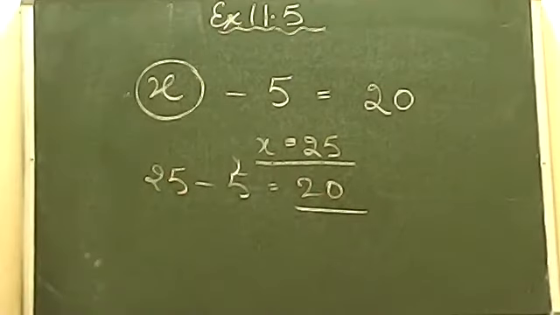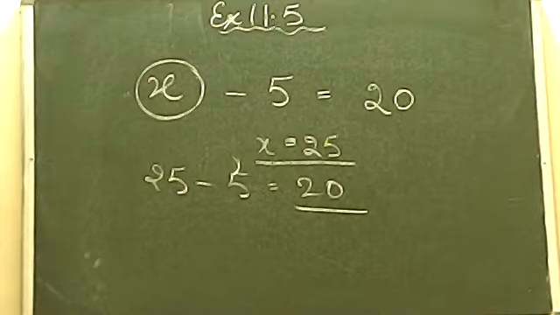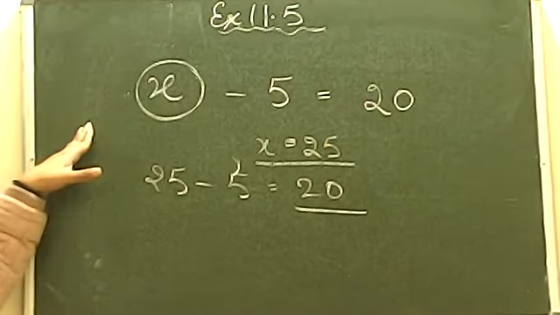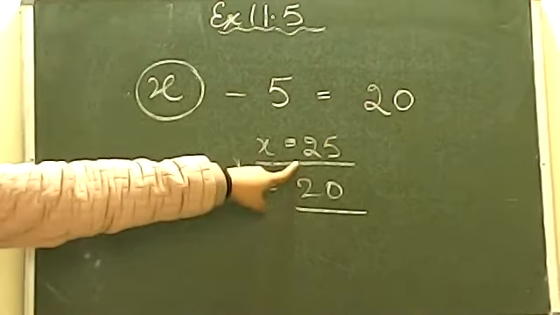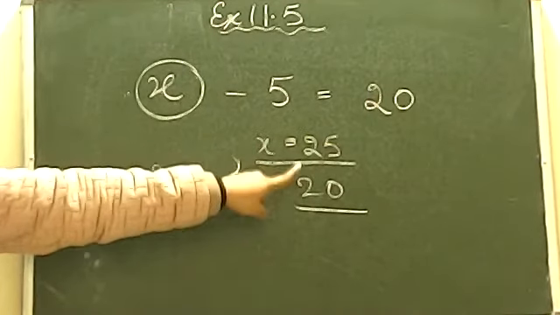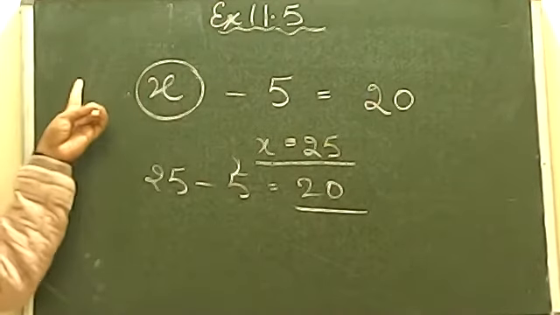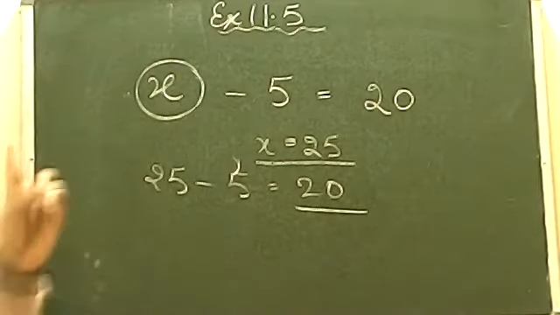Now I am asking you all, can we have another number than 25? Think of it. क्या 25 के अलावा कोई number हो सकता है which we can write down? No. Yes, absolutely correct. For this equation, only x can be 25. Okay? Remember this, that every equation has only one solution.